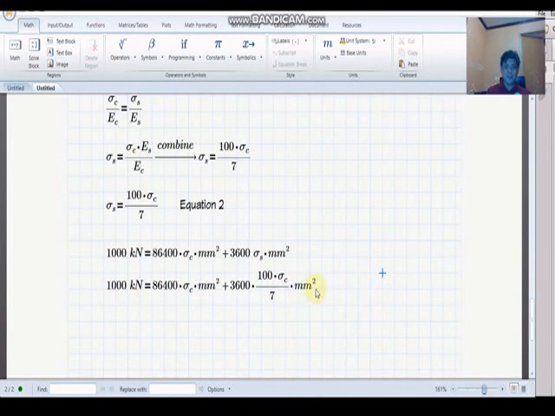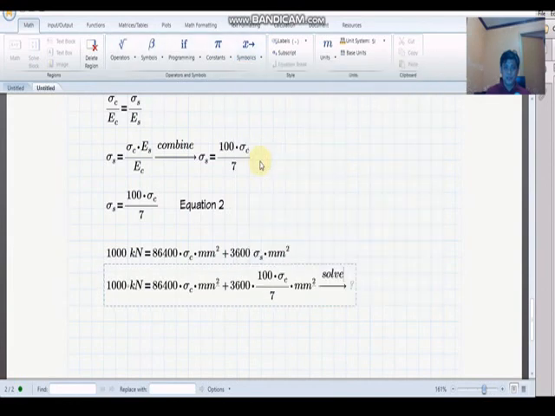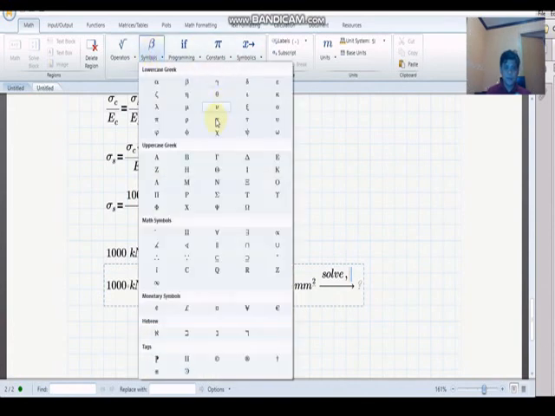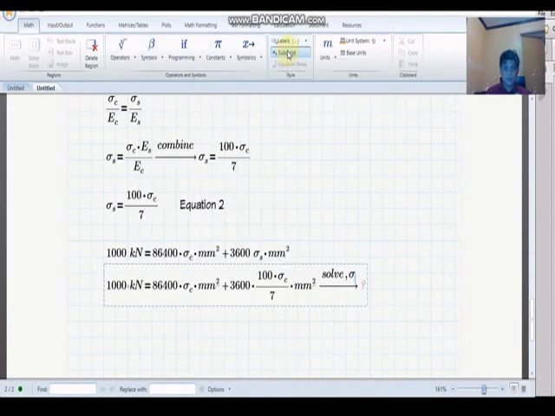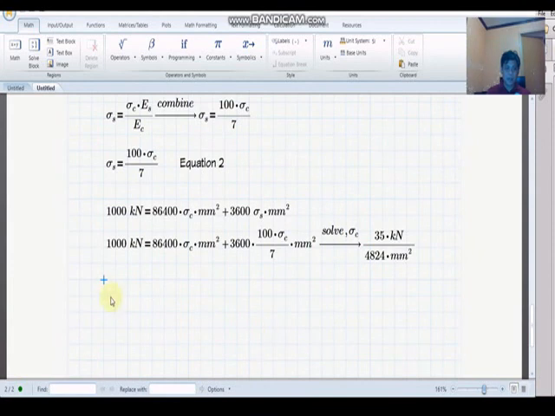Okay, so we can now compute the value for the concrete. That gives us 35 kilonewton divided by 4824 square millimeter. So we need to simplify our answer.